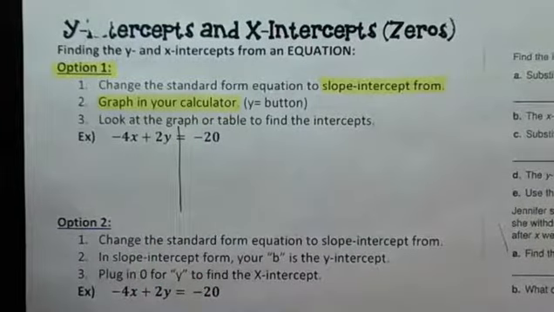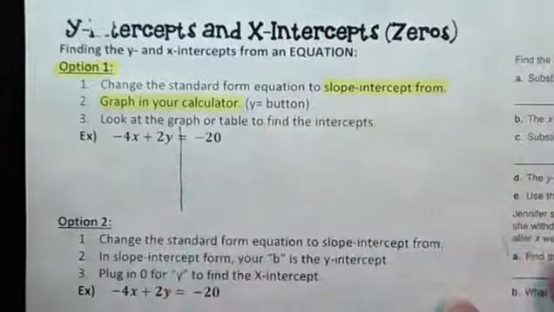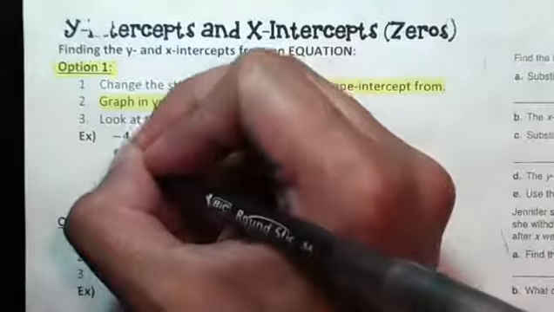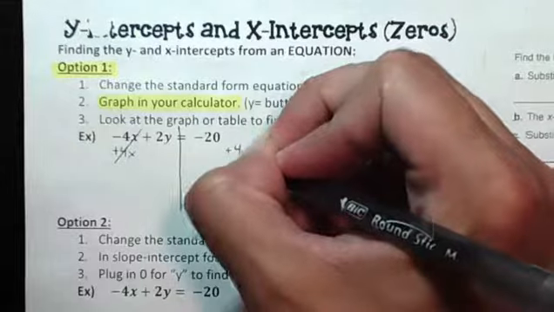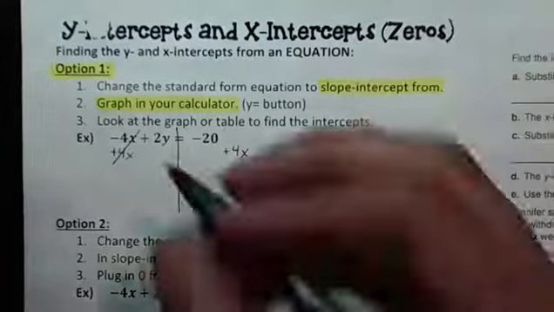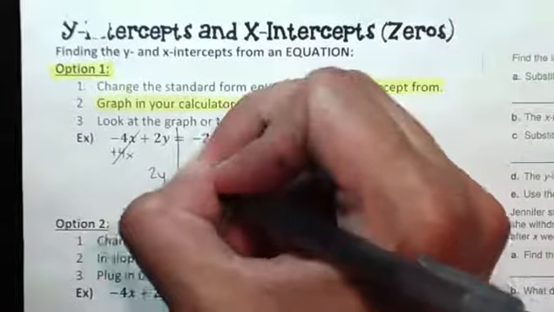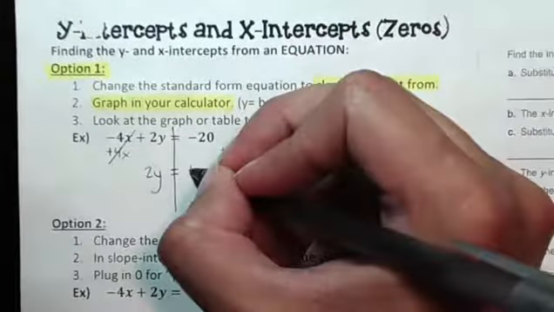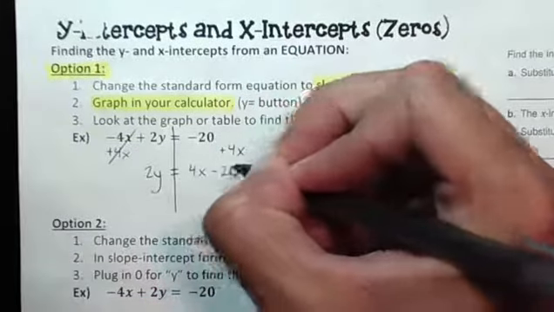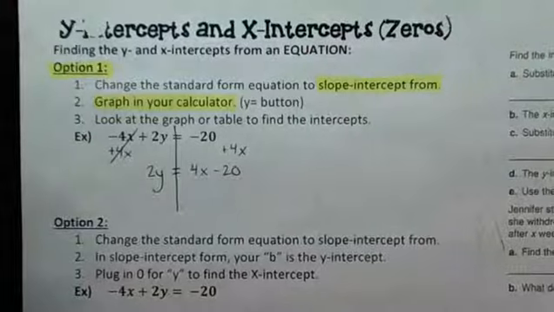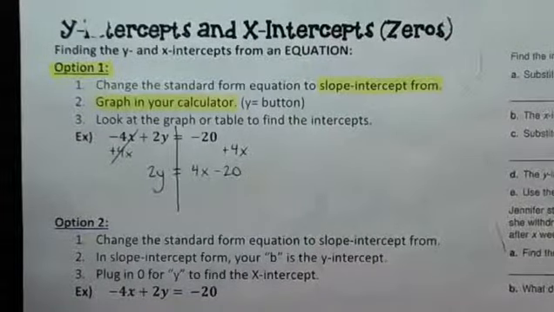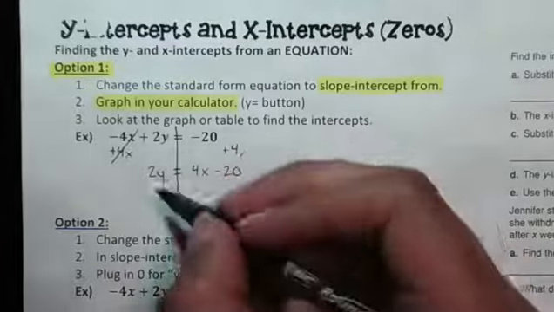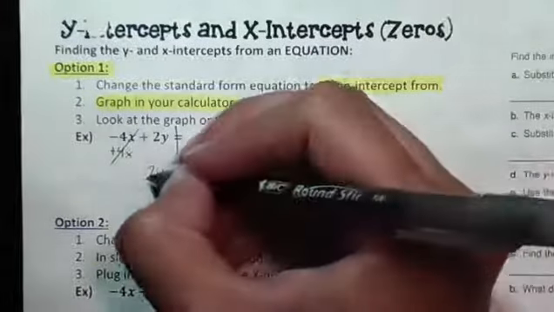So y equals mx plus b. The first thing I want to do here is move my x. So I'm going to add 4x on both sides and rewrite what I have. I have 2y is equal to 4x minus 20. The next step is, again, I want y equals mx plus b, so I have to get rid of this 2 because I want 1y.